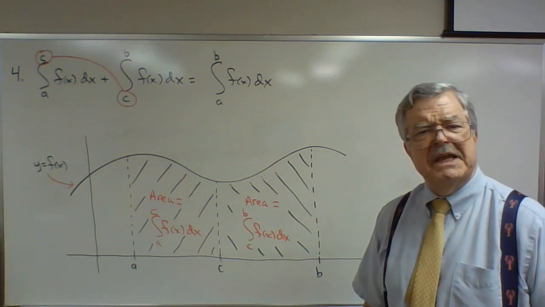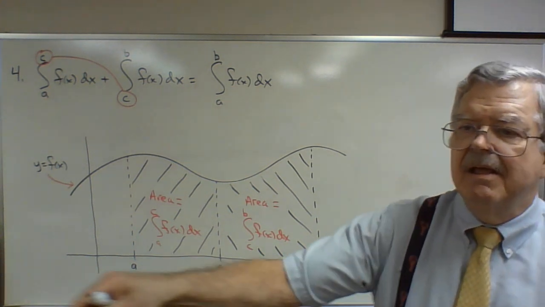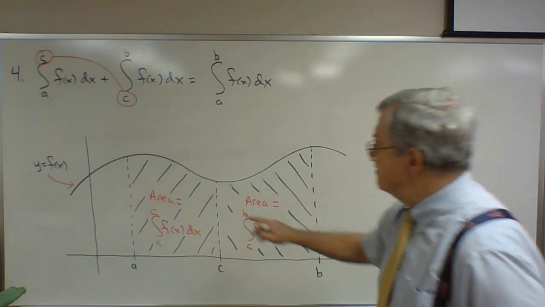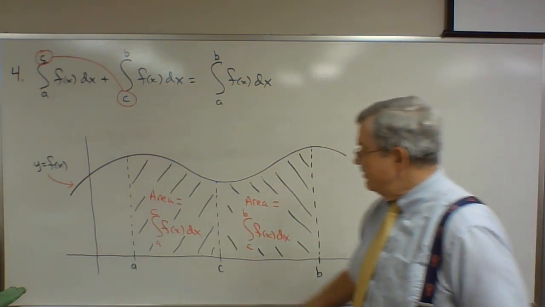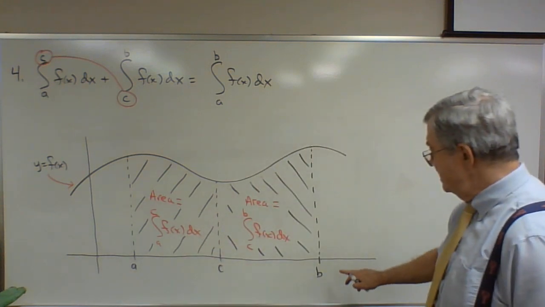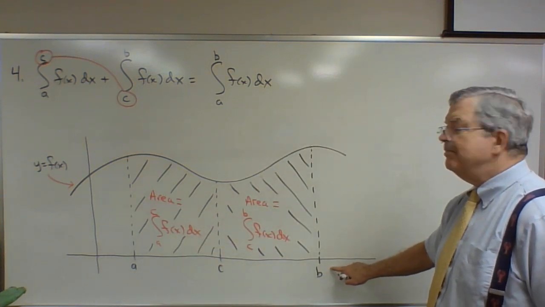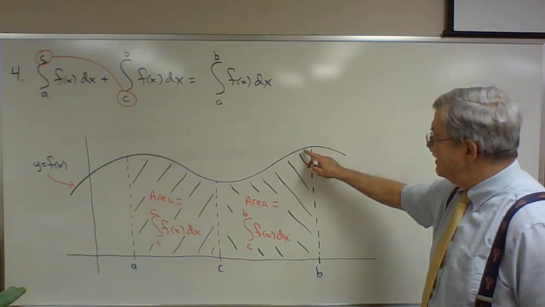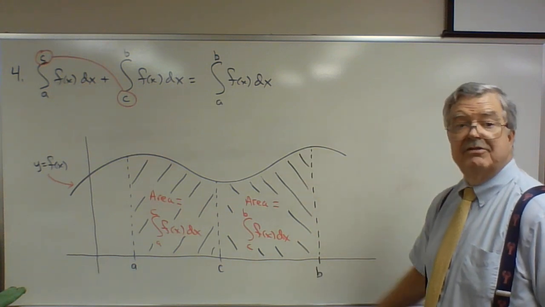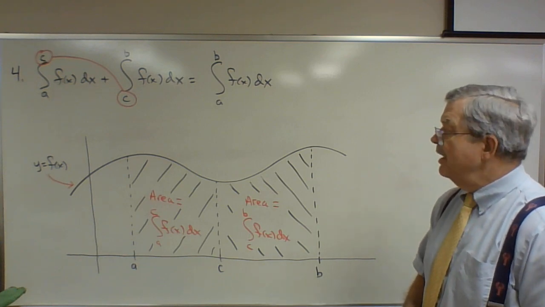But what would we get if we combined this area and this area? Wouldn't we get the area from x equals a to x equals b between the graph of f of x and the x-axis? Yeah. And what is that?